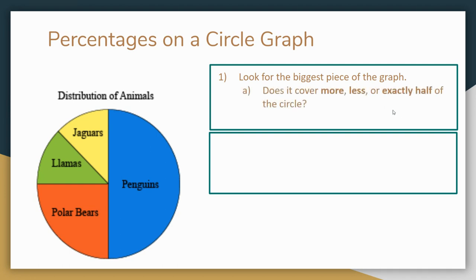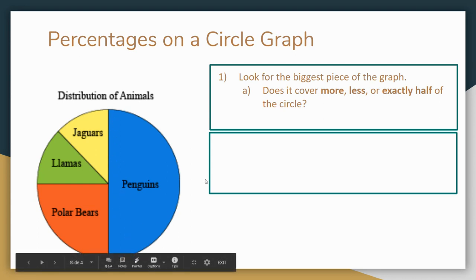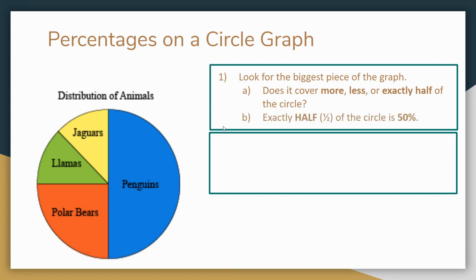And then we want to ask ourselves, does it cover more, less, or exactly half of the circle? So the biggest piece that we're working with is penguins. And we can see that penguins make up exactly 1/2 of the circle. So if we remember from fractions, decimals, and percents, 1/2 is 50%.